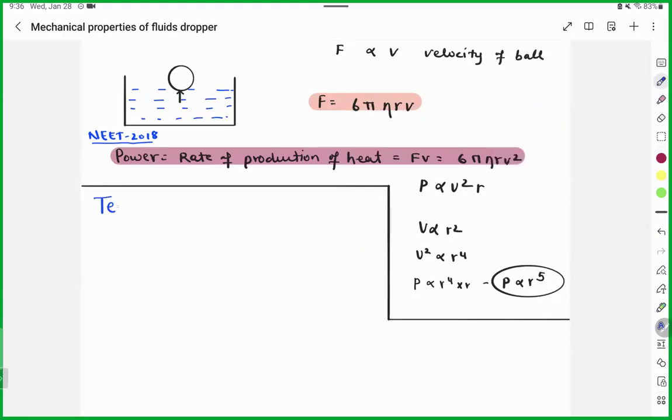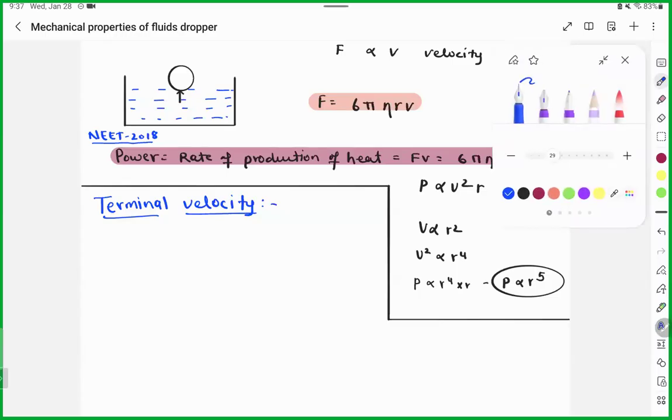Terminal velocity. Chandana, what do you mean by terminal velocity?